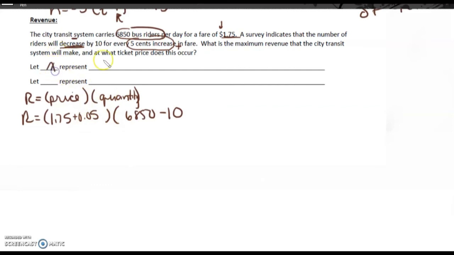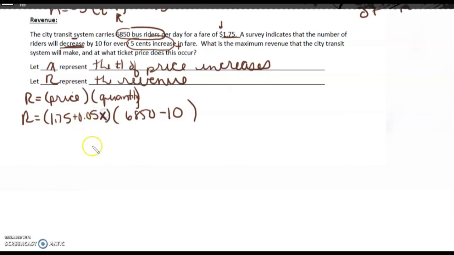We're going to let x represent the number of price increases, and we're going to let R represent the revenue. Okay, because that's what we're going to use in here. So if we had 1.75 plus 5 cents, it would just be one price increase, but we need x number of price increases. And we're going to subtract 10, again, x number of times.